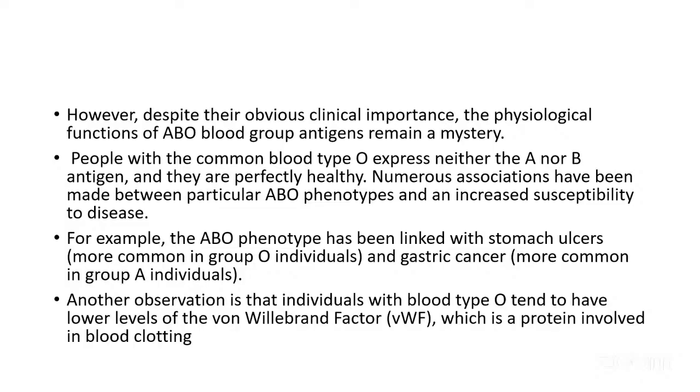For example, the ABO phenotype has been linked with stomach ulcers, more common in group O individuals, and gastric cancer, more common in group A individuals. Another observation is that individuals with blood type O tend to have lower levels of the von Willebrand factor, which is a protein involved in blood clotting. So these are possibilities.